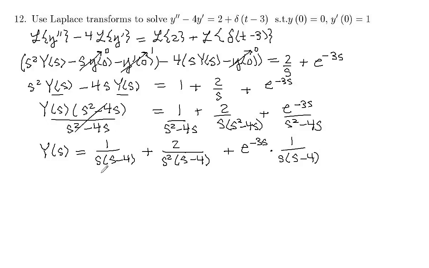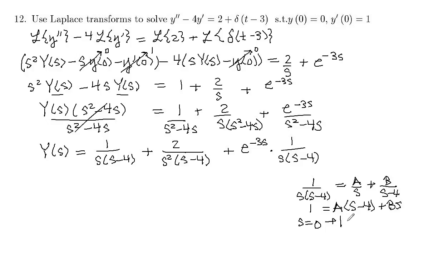So the partial fractions for 1 over s minus 4, that's not too bad. If we pull that off to the side, 1 over s minus 4 is equal to a over s plus b over s minus 4. Multiply through by s minus 4, the LCD, and you get 1 equals a times s minus 4 plus bs. Plug in s equals 0, and you get 1 equals negative 4a.